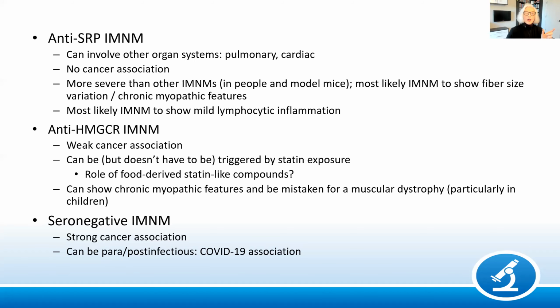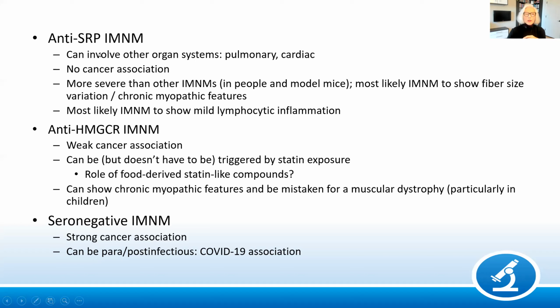As I said, there are currently 3 subtypes depending on the antibody or the lack thereof. And they have slightly different features that are summarized here. But for the most part, it's very much overlapping, and you won't be able to tell which one it is based on histopathology, or really even strictly speaking on the clinical findings.